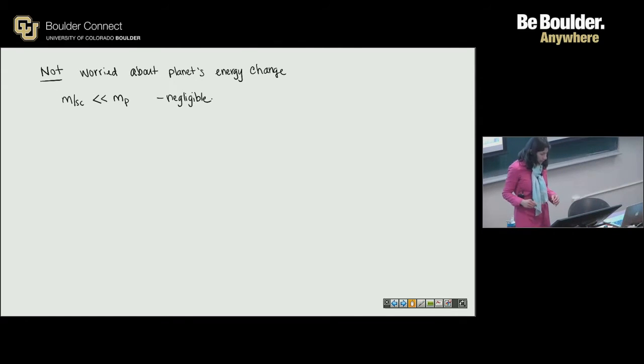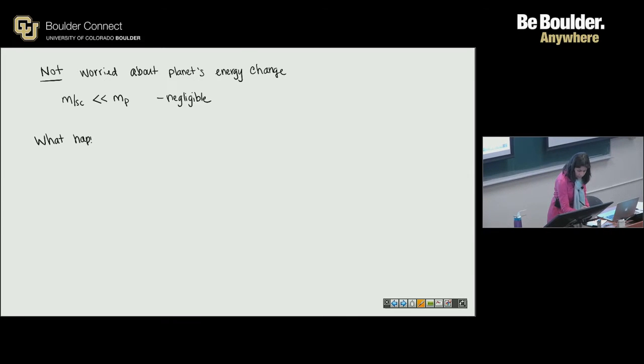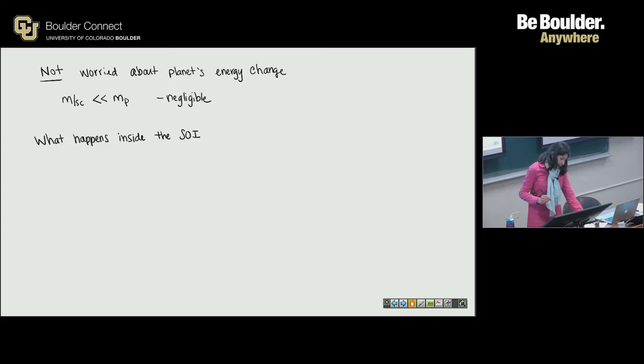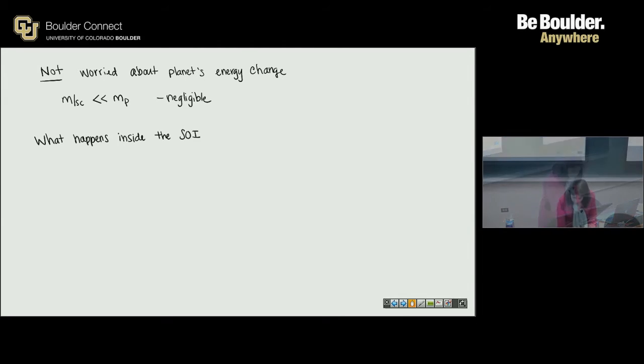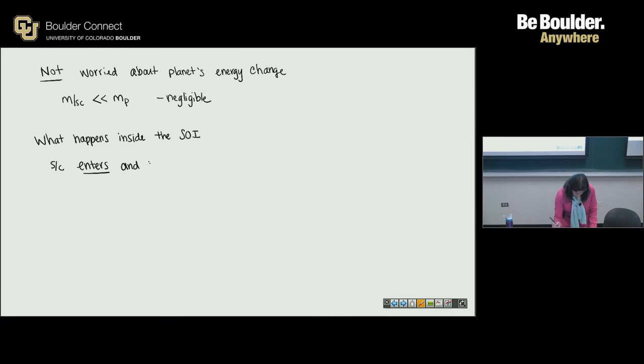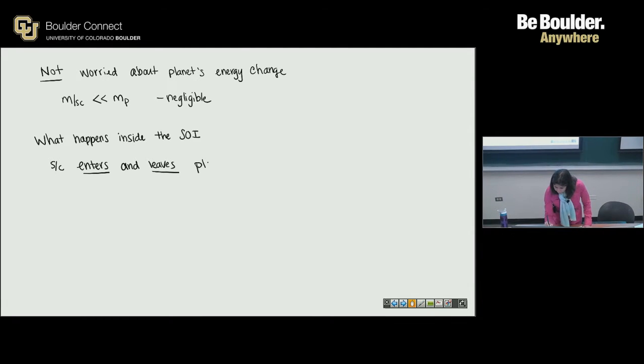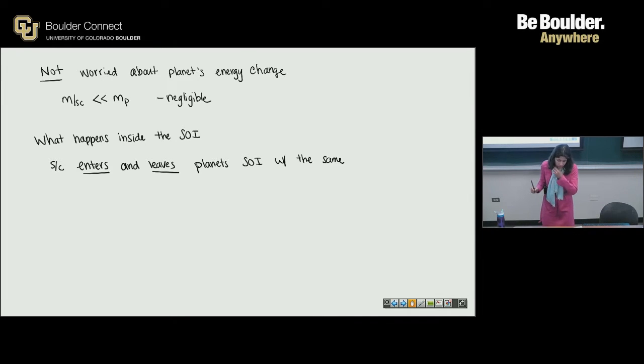Okay. So, let's talk about what actually happens inside the sphere of influence. Inside the sphere of influence, the spacecraft, and this is important to understand, enters and leaves the planet's sphere of influence with the same energy relative to the planet.